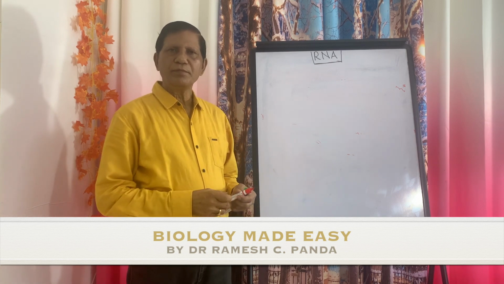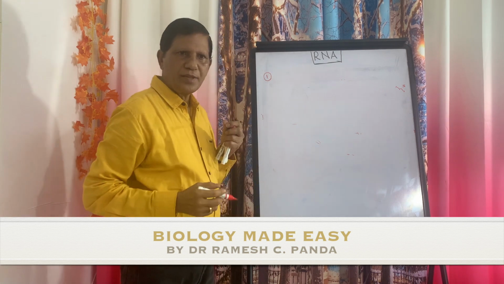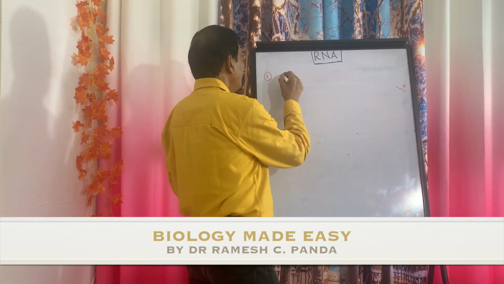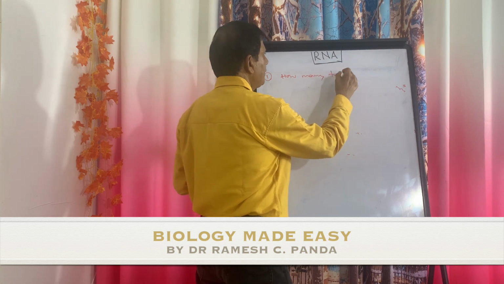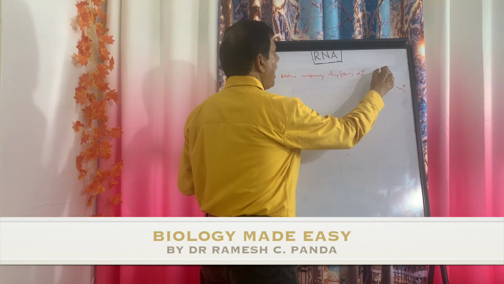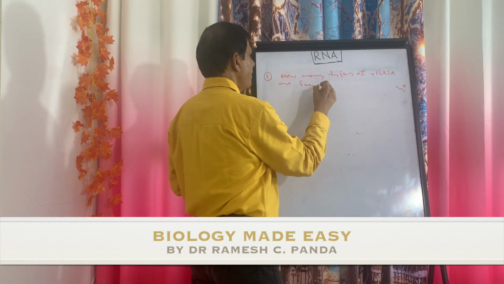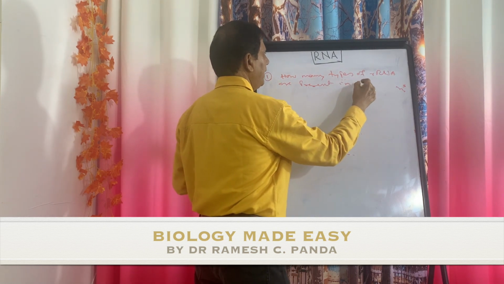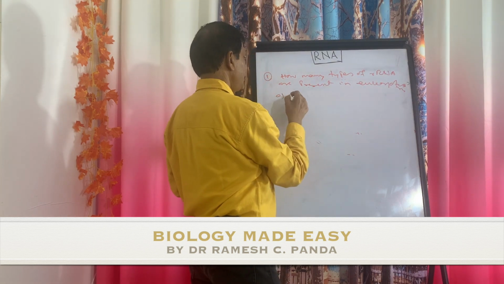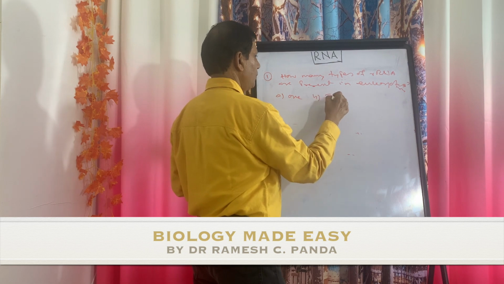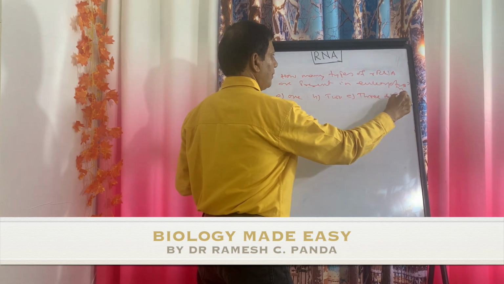Now I will give you a few questions. Number one question: how many types of rRNA are present in eukaryotes? A choice 1, B choice 2, C choice 3, D choice 4.